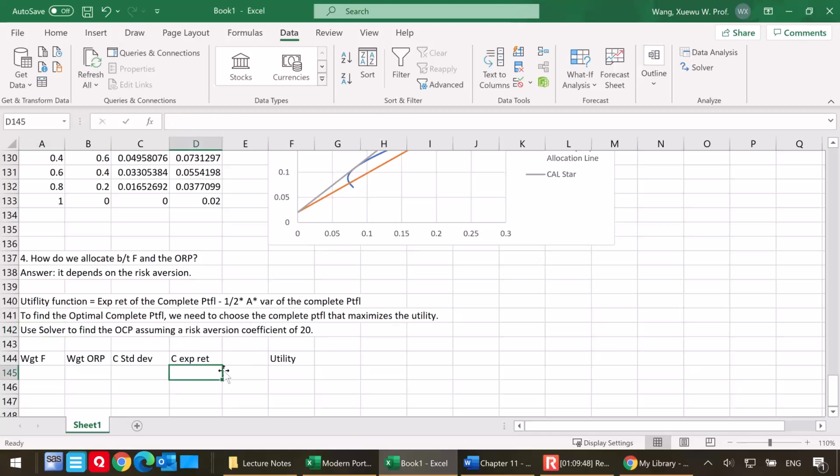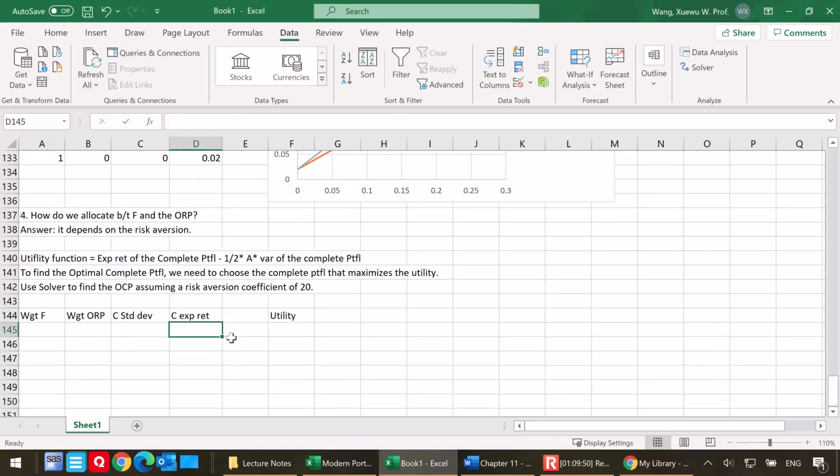Okay. All right, so I'm going to look at the complete portfolio. So let me just say, how about 0.25 and 0.75? Okay? And I can look at the complete portfolio expected return. So can I copy these two and paste it here?